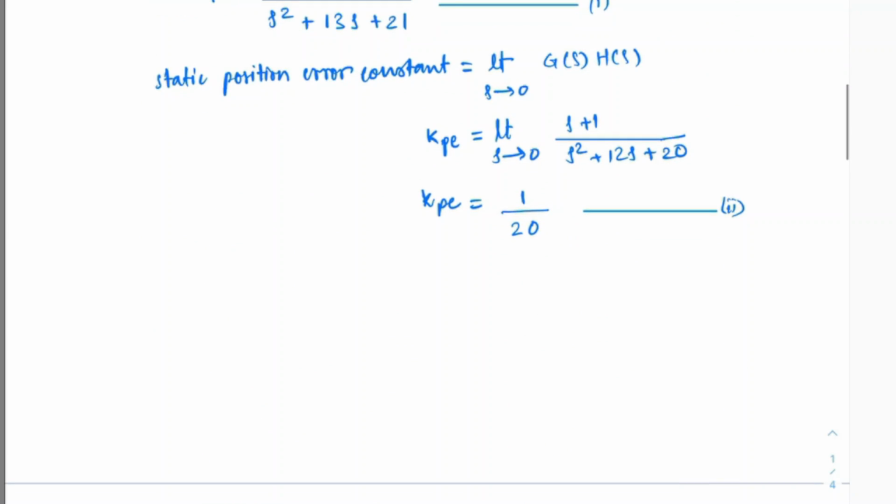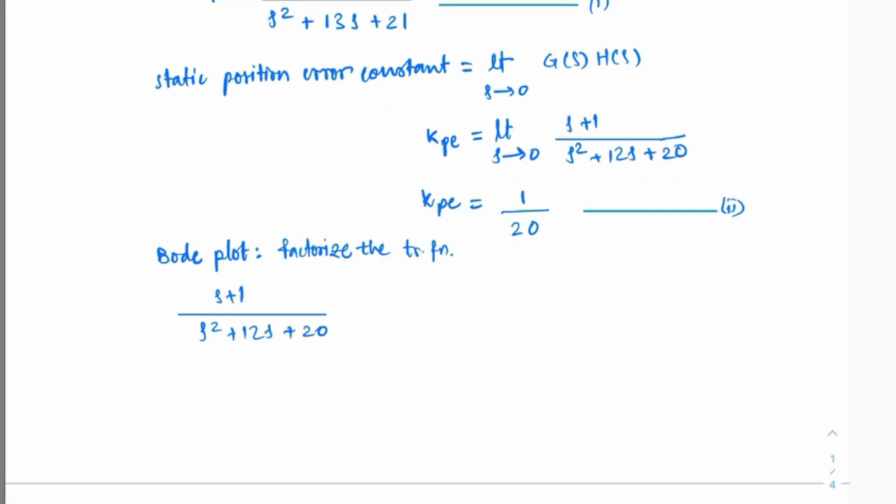So to draw the Bode plot, let us take the open loop transfer function and factorize it. We have s plus 2 and s plus 10 as the factors.